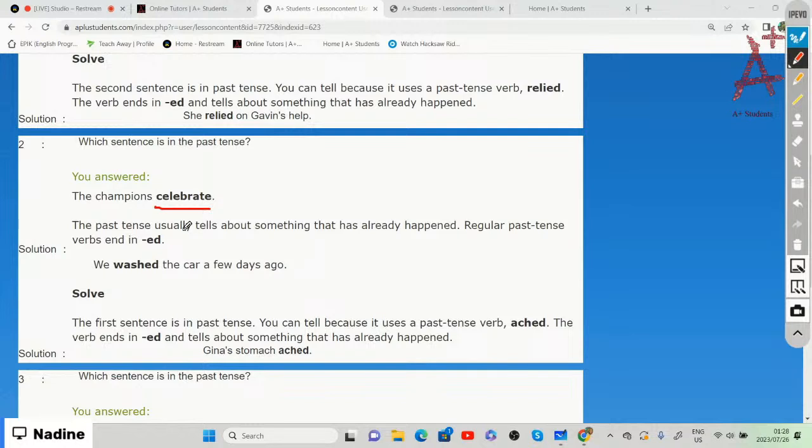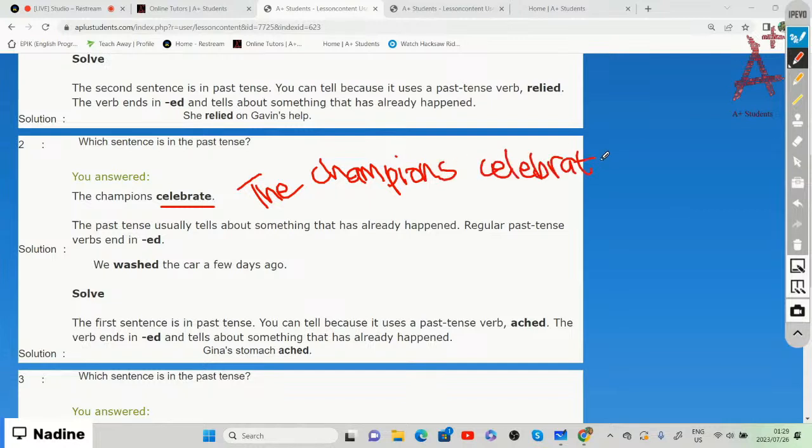So if we change the sentence into the past tense, we say the champions celebrated, right? Once again, this verb ends with an E, and we said once it ends with an E, we only add a D instead of ED to the verb. So ED tells us that something has happened. Celebrated.